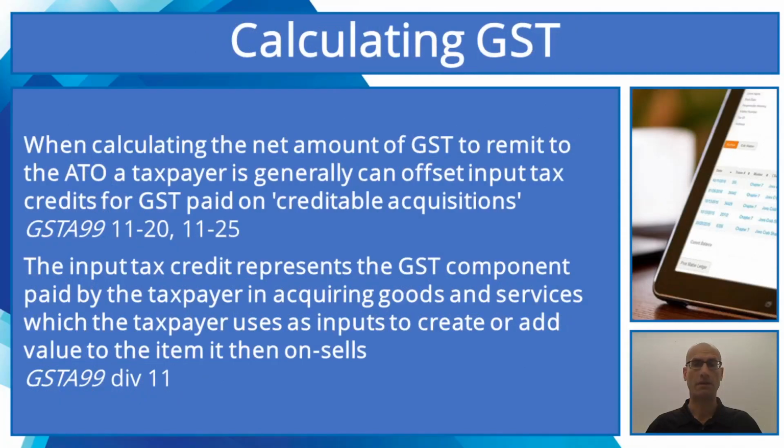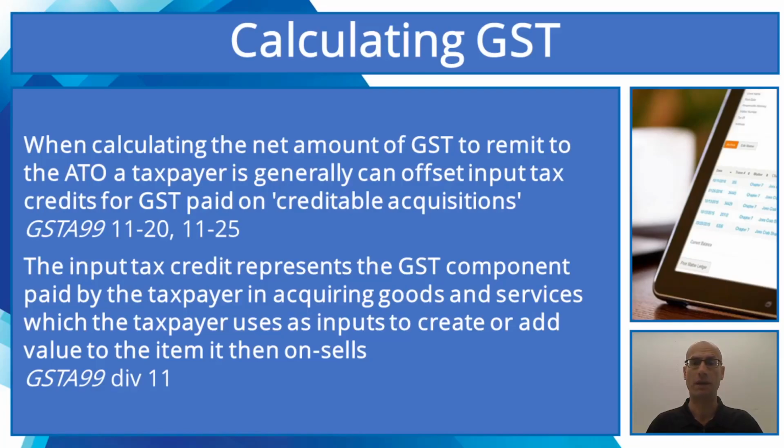These amounts that the taxpayer pays towards purchasing inputs, so goods that are then on-sold or used in the process of manufacturing, are known as creditable acquisitions within the GST legislation.